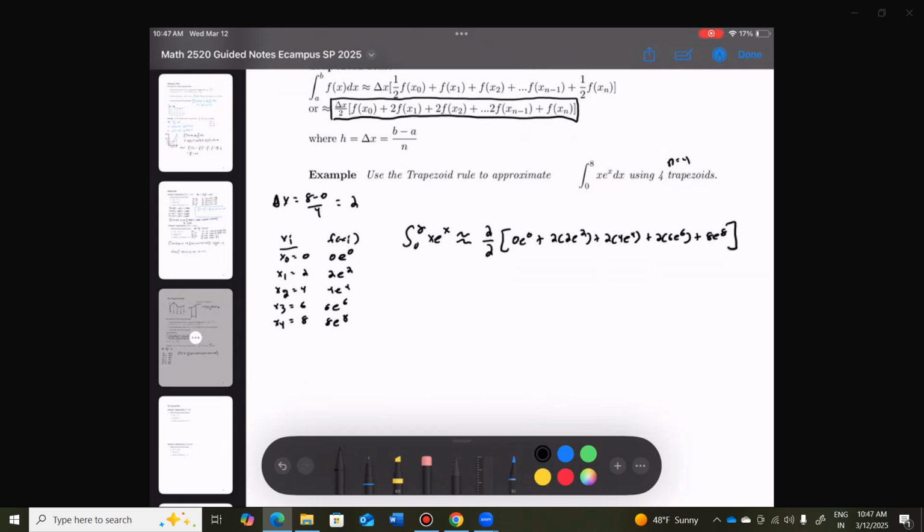Right, so we'll get 1 on the outside, and so this equals 1, this equals 0. So we'll have 4e to the 2 plus 8e to the 4 plus 12e to the 6 plus 8e to the 8.